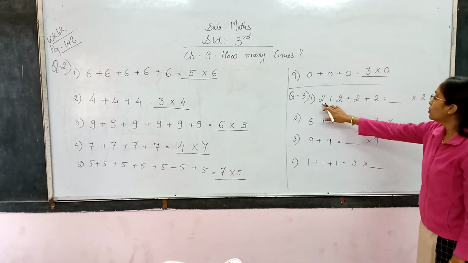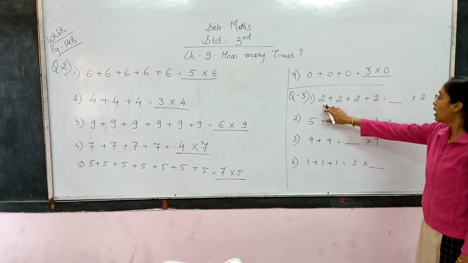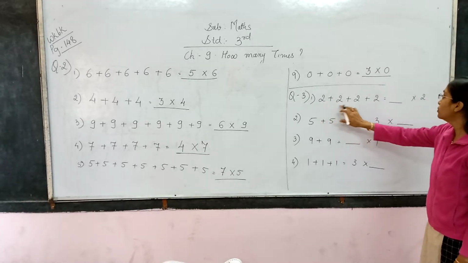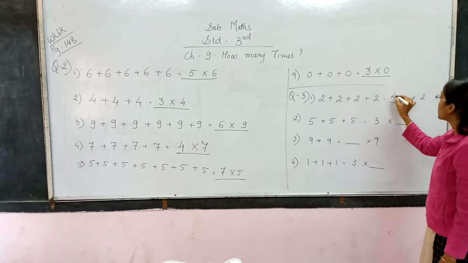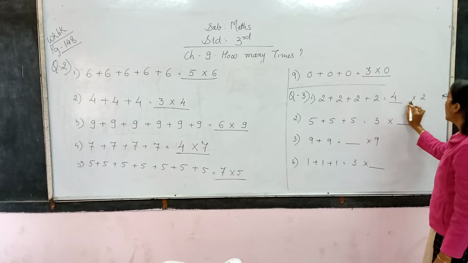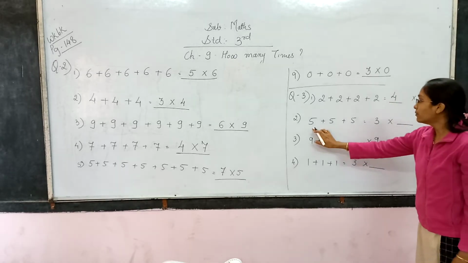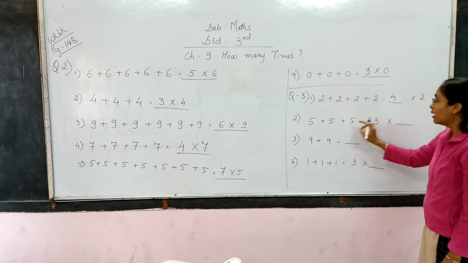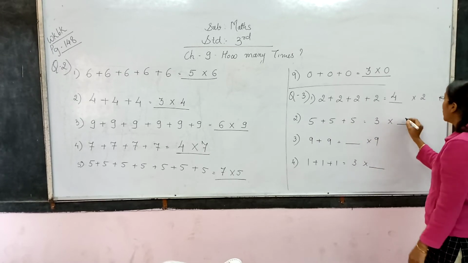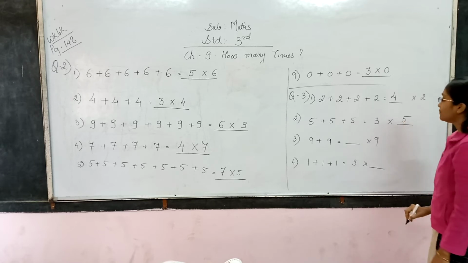So here the number is 2. How many times is it repeated? 1, 2, 3, 4. How many times added? 4 times. So 4 multiplied by 2. Here 5 plus 5 plus 5. It is 3 times repeated and the number is 5.